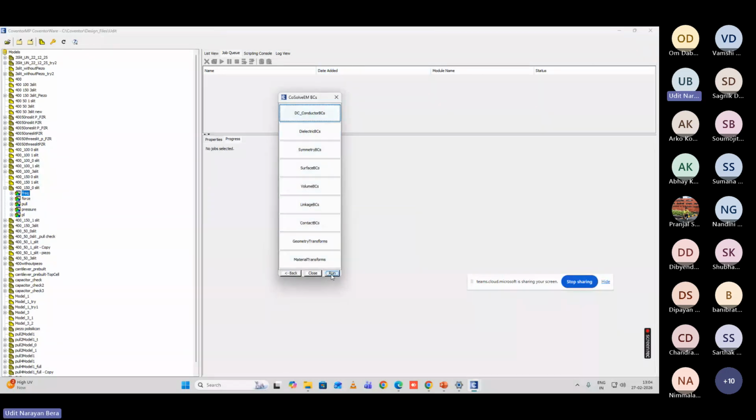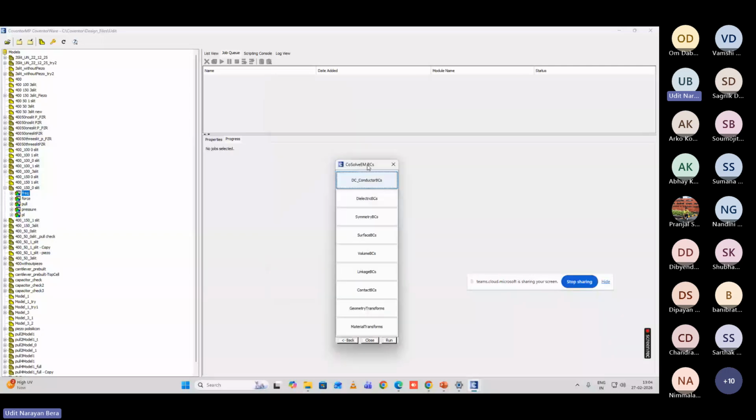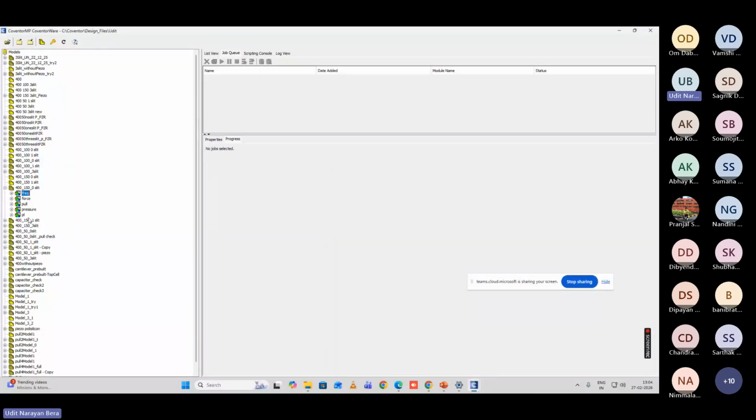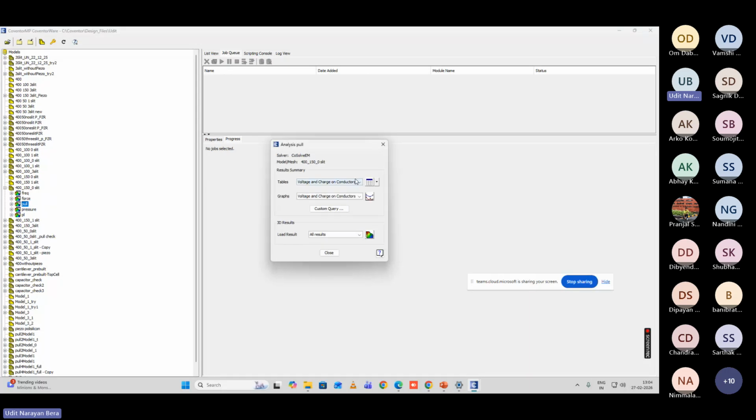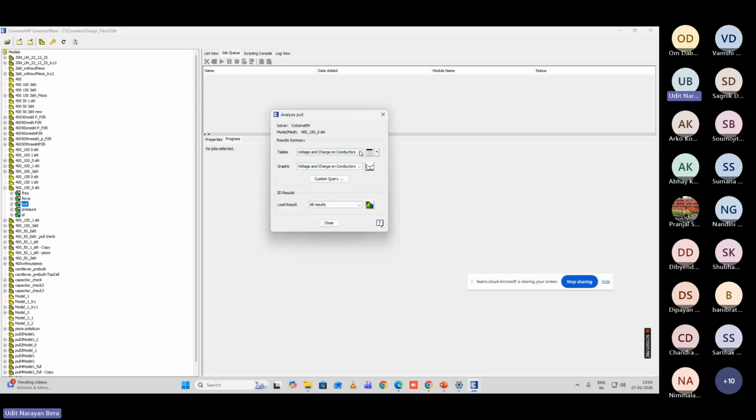I'm not doing it because it will take a lot of time, but I have already done that simulation previously, so I can show you the result, how it will look like. Open the results, so that here, what are the things you can check? Here you can check the force on conductors, the pull-in voltages, and other things.